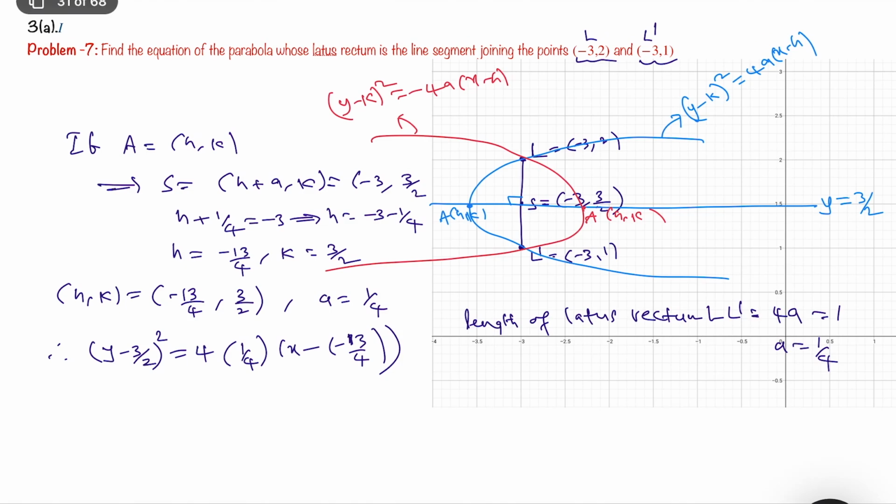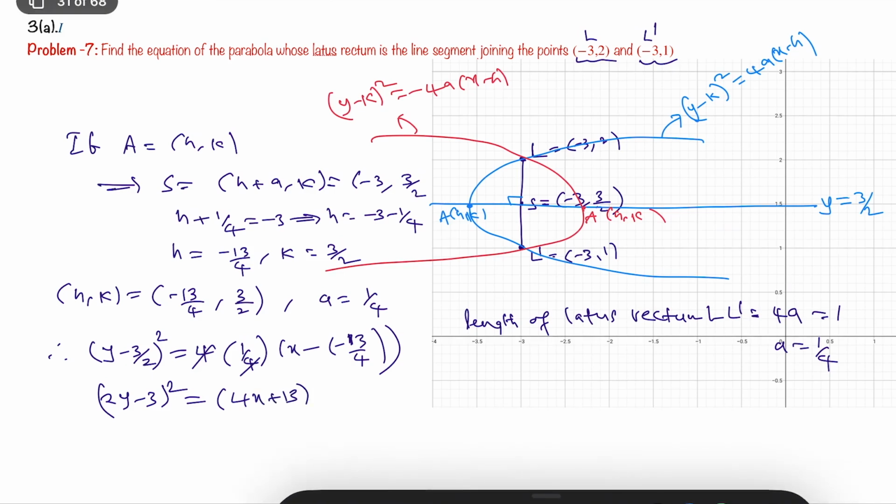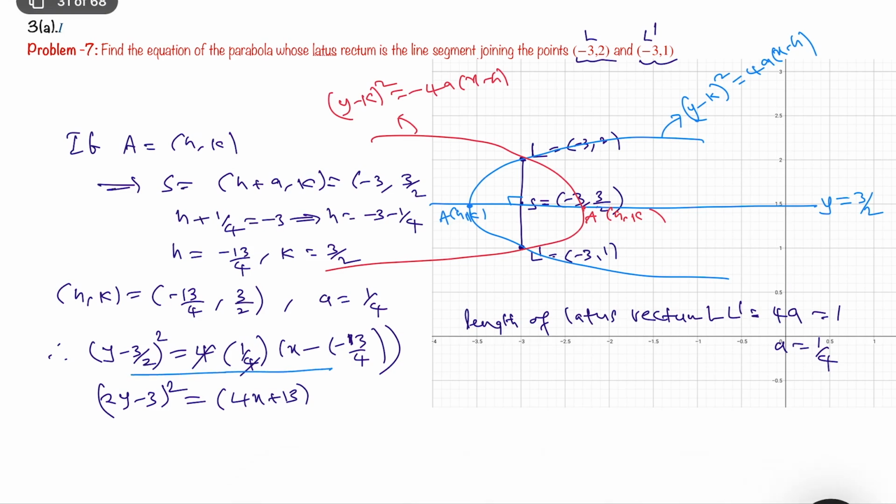If you simplify, you will get 2y minus 3 whole square equal to, this 4 cancels, 4x plus 13. So this is the blue parabola which opens to the right side.